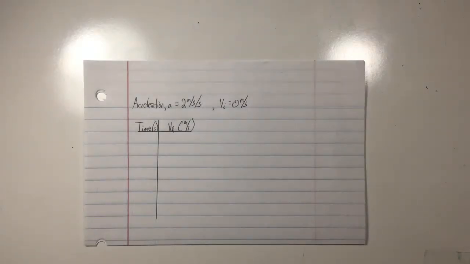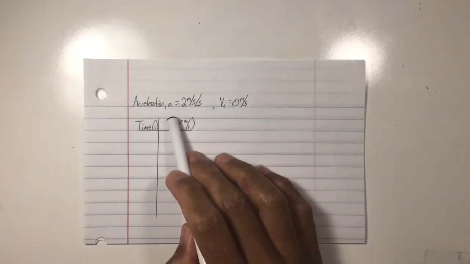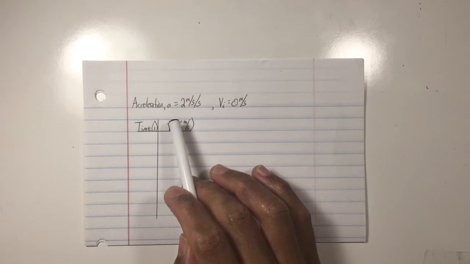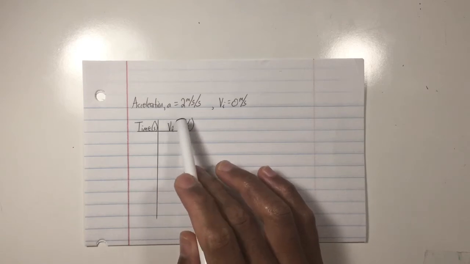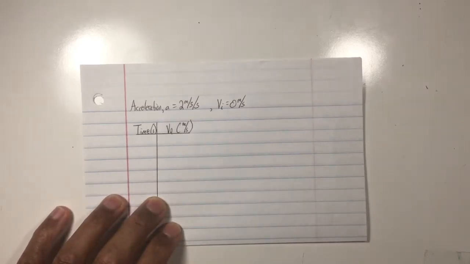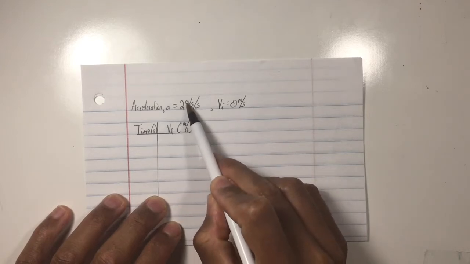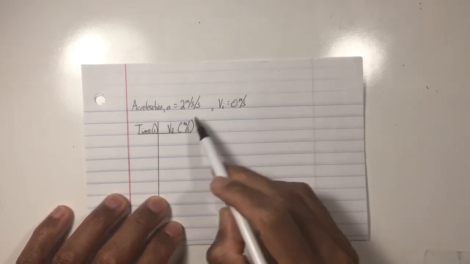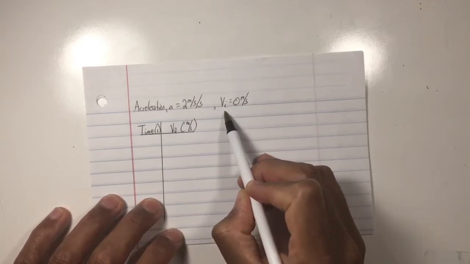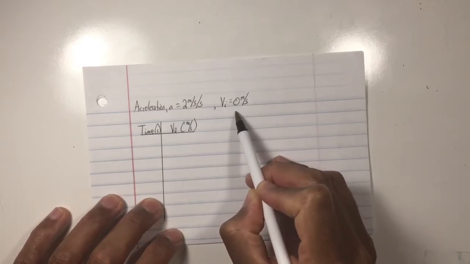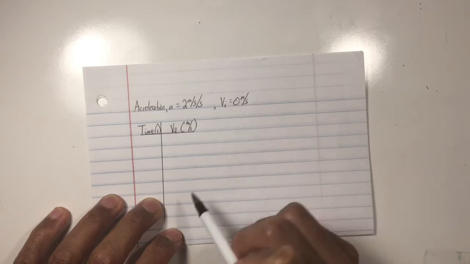We're going to do just a thought experiment here. We're going to pretend that we have the ball rolling down the ramp. The ramp is providing a uniform acceleration, meaning a constant acceleration, of 2 meters per second. So every second, my velocity is changing by 2 meters per second. It's increasing. We initially release the ball from the top of the ramp with an initial velocity of 0 meters per second.